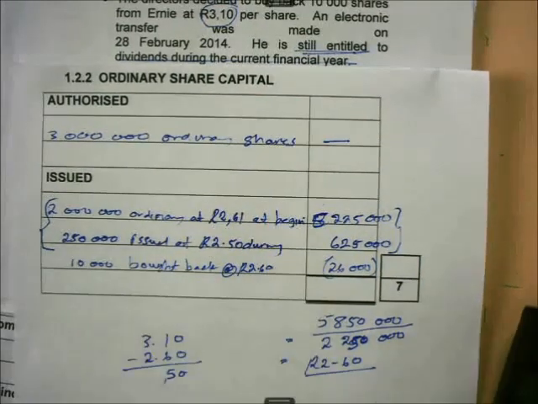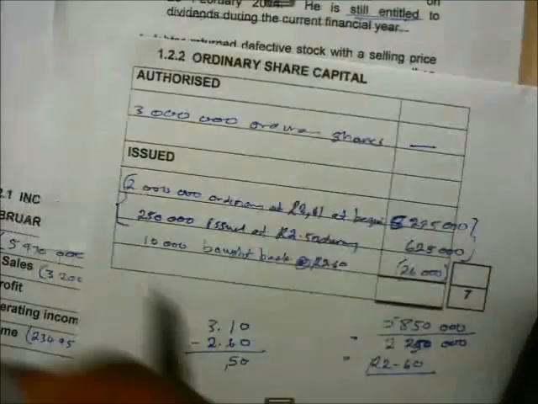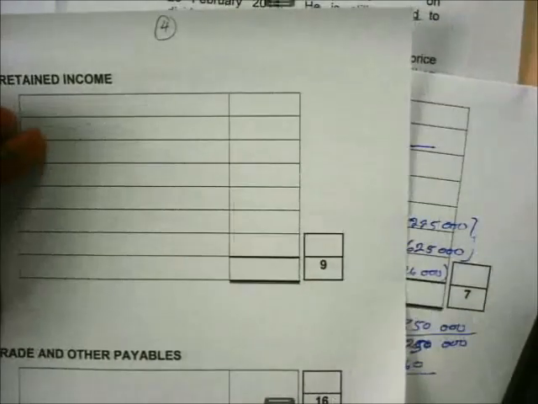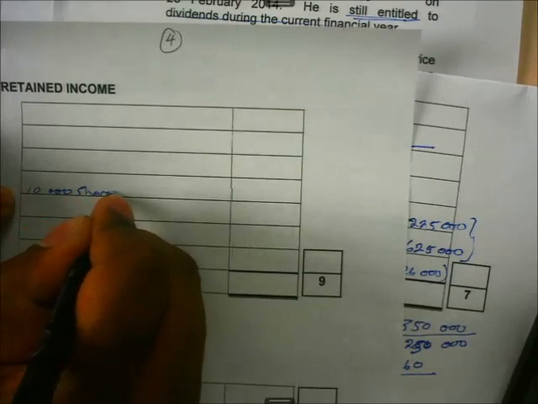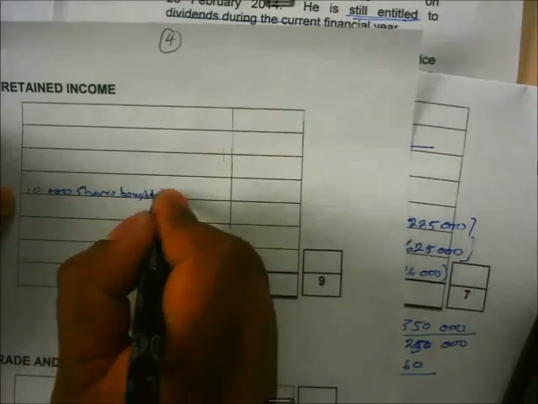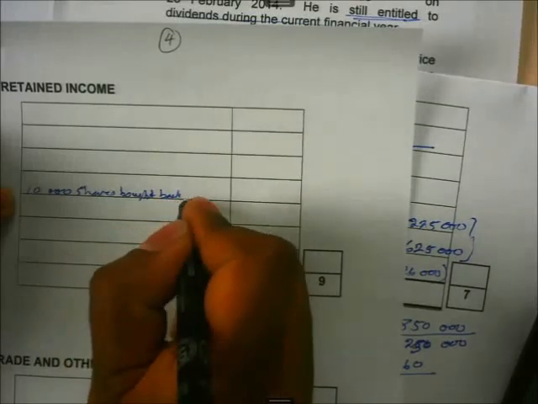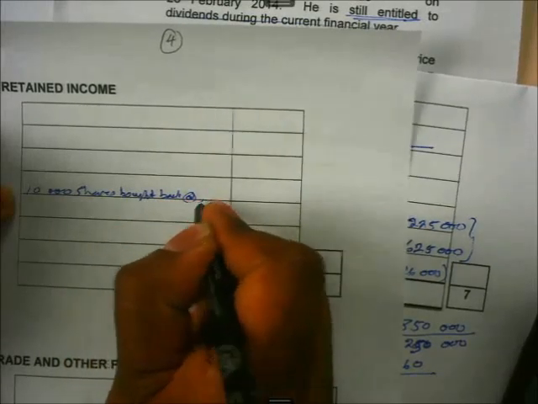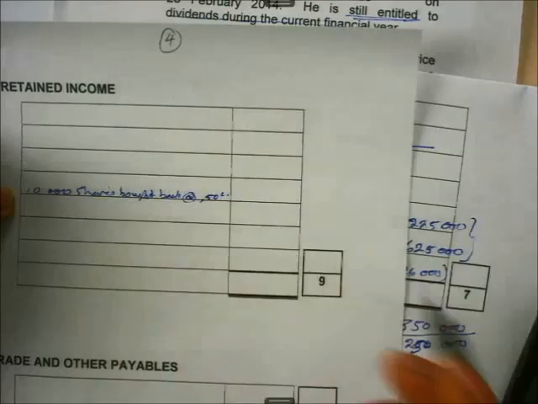Now let's go to the retained income note. There you say 10,000 shares bought back at 50 cent.